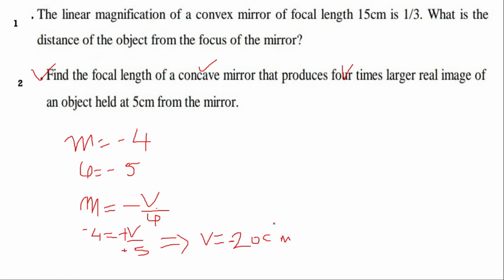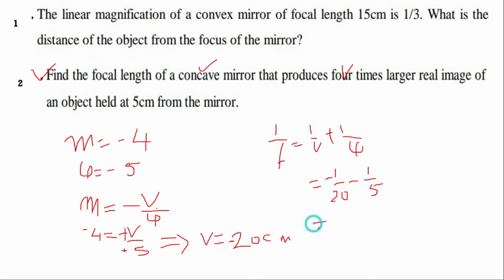So what do we want to know? Focal length. So the mirror formula, 1 by f equals to 1 by v plus 1 by u. So what was the value of v? Minus 1 by 20, and here also this is minus 5.